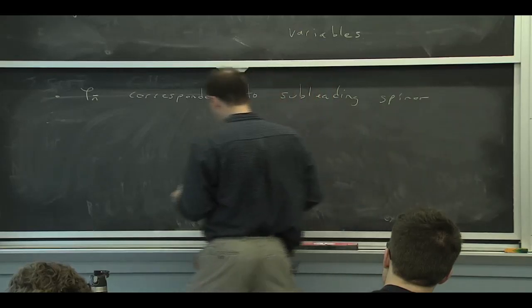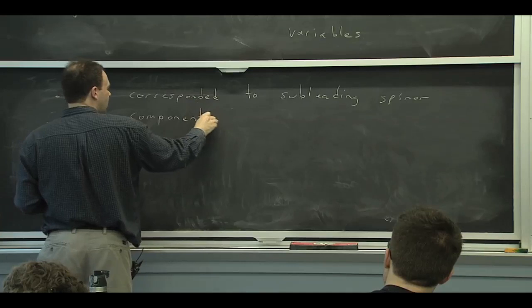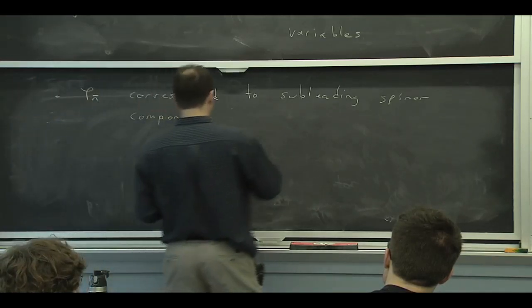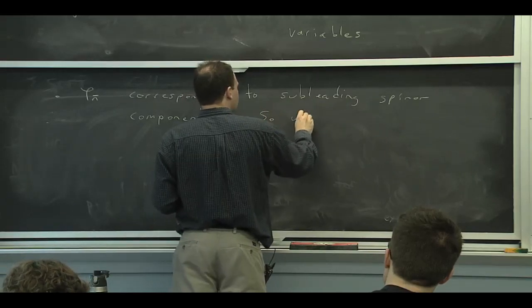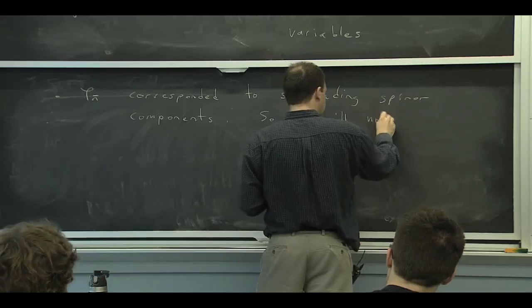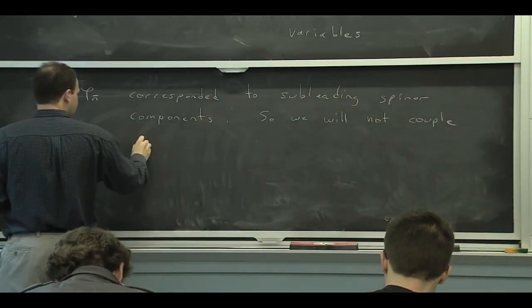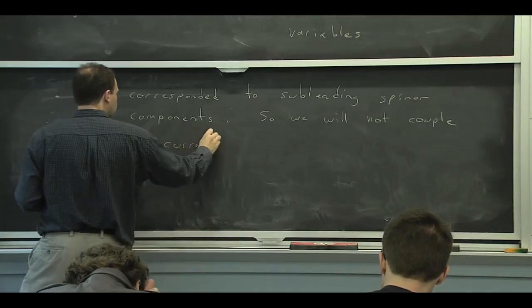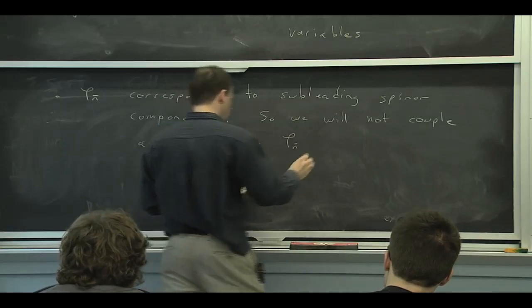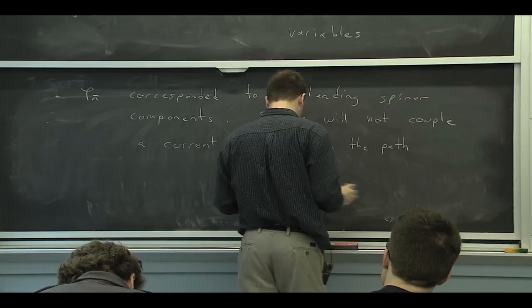So let's just decree that I don't really care about this field, and therefore I don't need to have any current in my path integral that I couple to this guy. So it's like an auxiliary field, if you like.